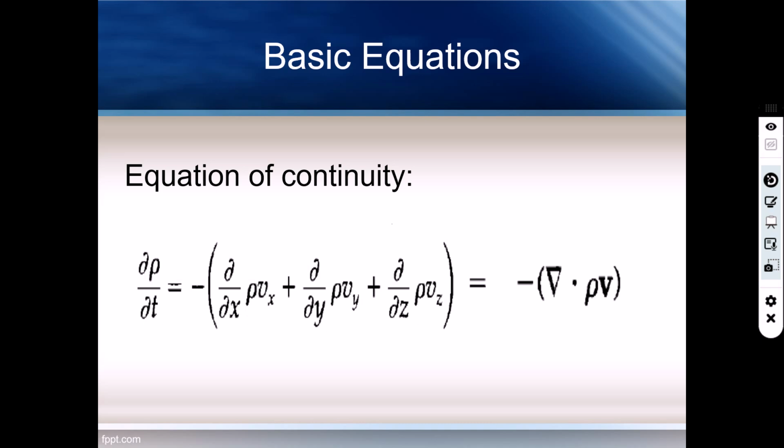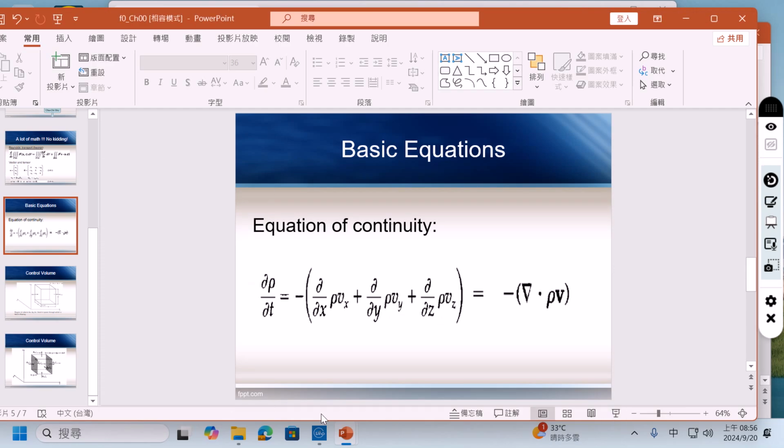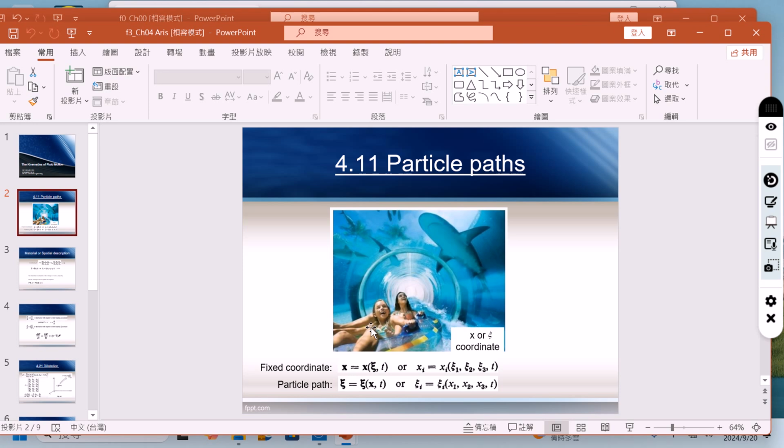Nevertheless, if you use this capital D, your observer goes along with the fluid, just like this one. And once you go along with the fluid, if the fluid is incompressible, then your density will not change.